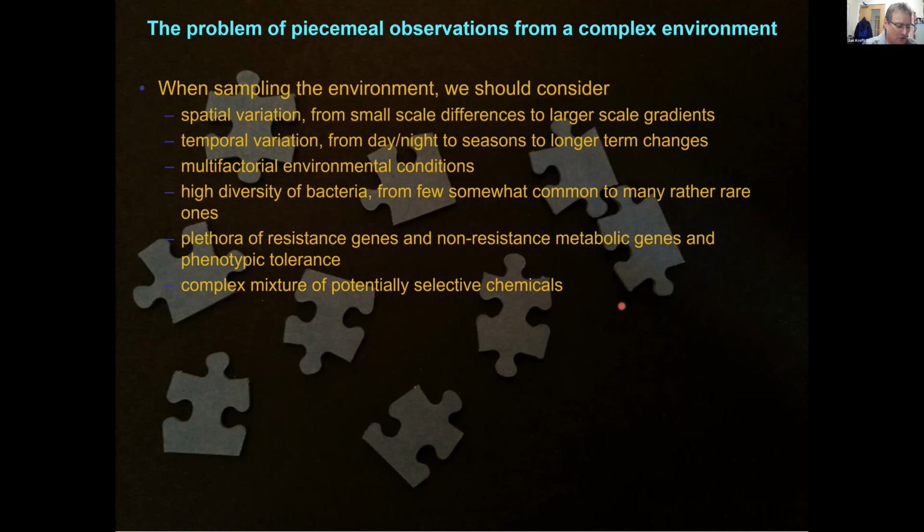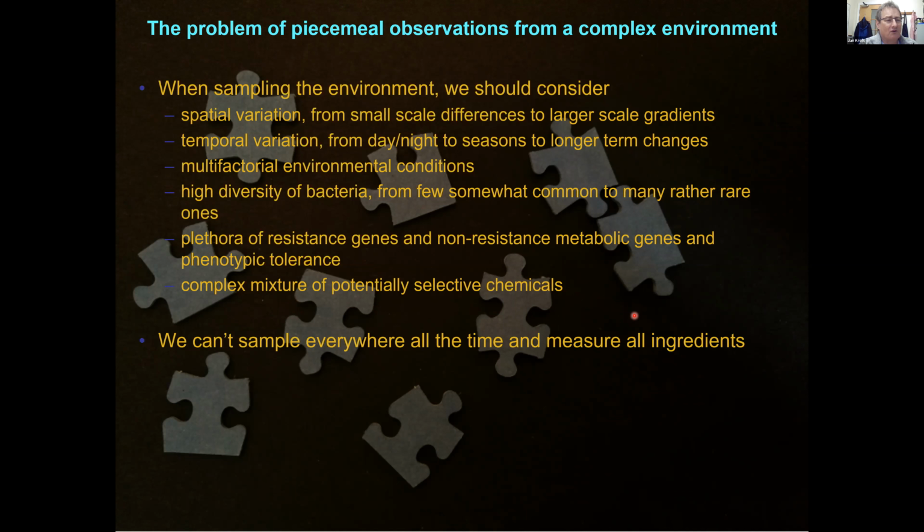And it all evolves. We also have a complex mixture of potentially selective chemicals, not only antibiotics, but also disinfectants and metals and other things that could be selective. So it's a very complex system to study. And we, of course, can't sample everywhere and all the time and measure everything.